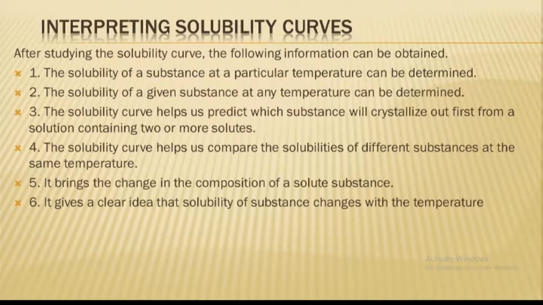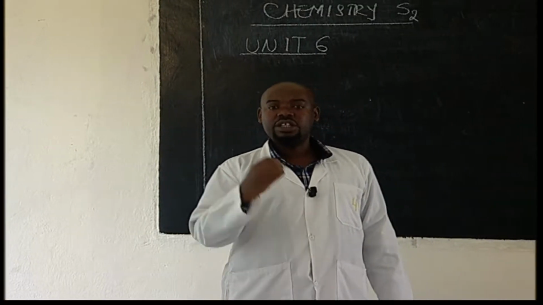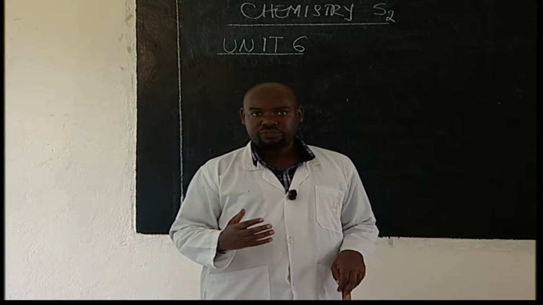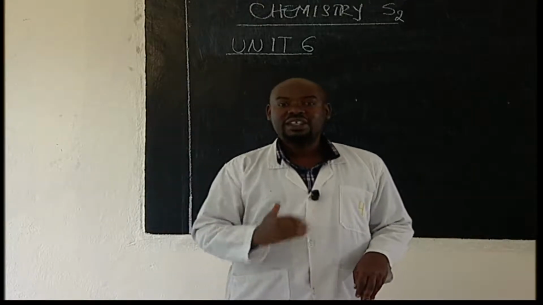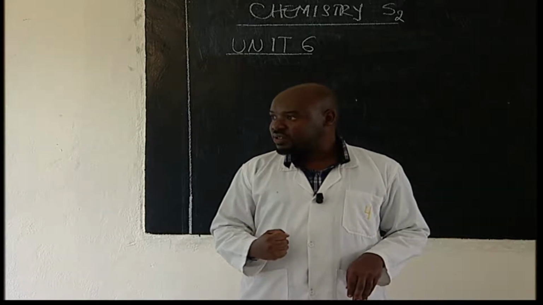Secondly, we can also determine the solubility of a given substance at any temperature. So if you have a solubility curve, you can determine the solubility at any temperature. You can extrapolate. You can use the values you have on the graph, but just know that you can determine the solubility at any temperature of a given substance.